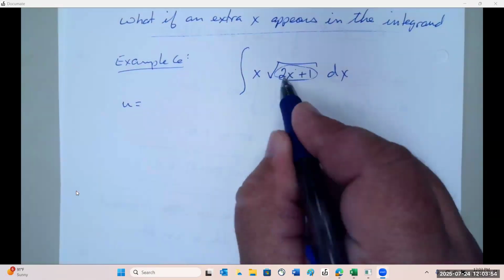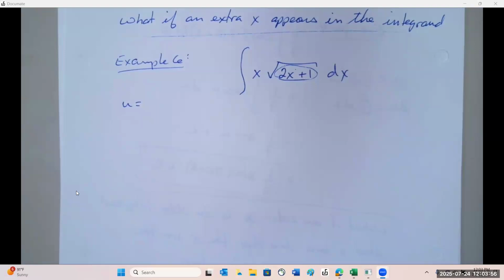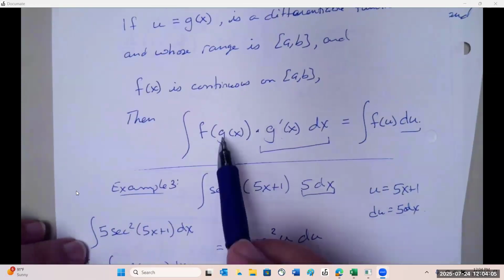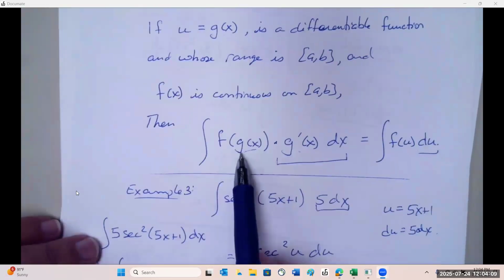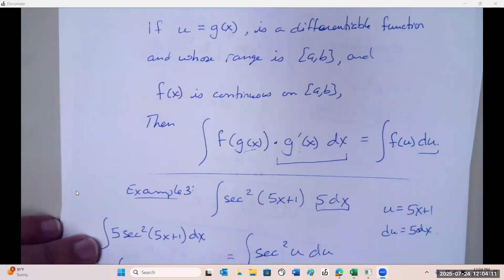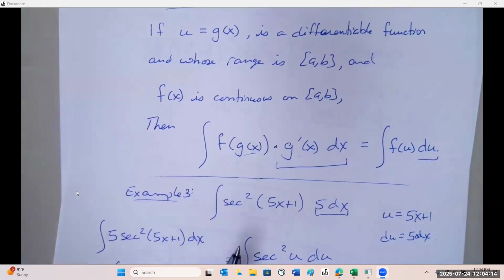Our u is always inside the function. Remember, we define u as g of x, which is the inside function. In theorem 3, g of x is what we define u as. It's the interior function. Again, as I told you earlier, the theorems dictate everything.